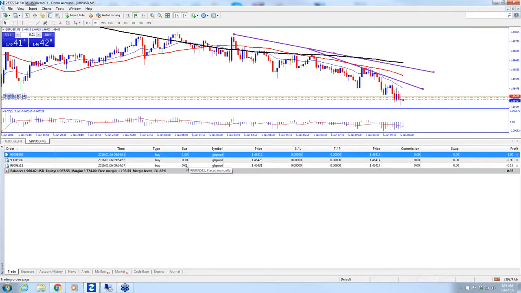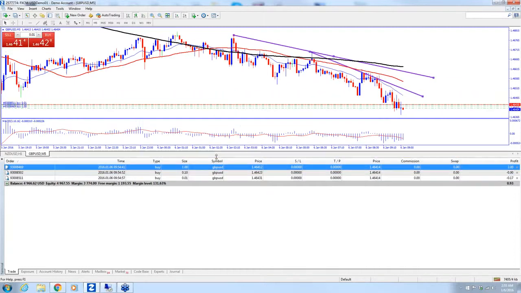So 0.01 is a micro lot, and that's equivalent to $1,000 in market leverage, which means that you're leveraging $1,000 for a small deposit. So there's different companies out there. There's Traders Way, there's FXCM. I'm going to base it on FXCM, or Forex.com.